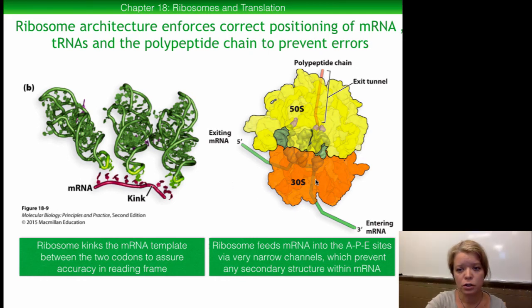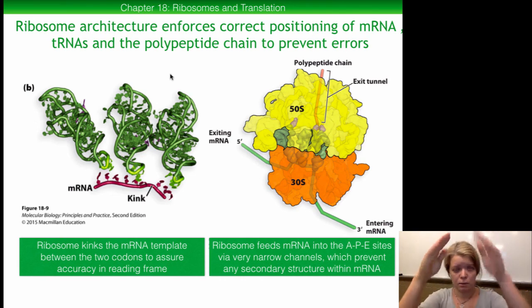The 30S subunit of the ribosome, or the 40S in eukaryotes, introduces a special kink in the RNA template, preventing the tRNA from base pairing to the incorrect nucleotides. And it's the kink of the mRNA that also will position the tRNA just so that it can start reacting with the amino acid in the P site.